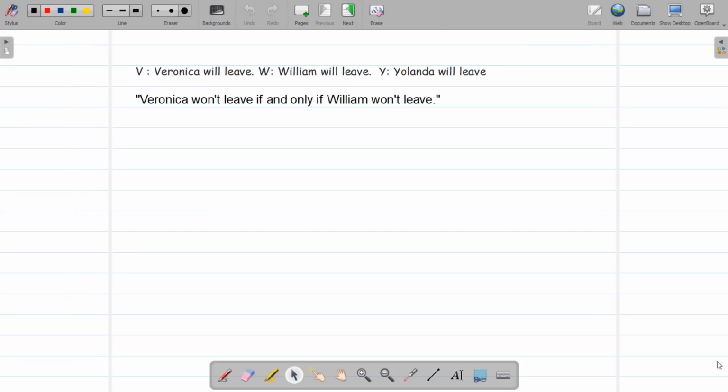So when you're doing symbolizations, the strategy is always to try to figure out what the major connective is, right? First, we're trying to break this sentence down into its biggest parts, and then we look at the smaller parts within that and try to break those down into parts, and so on. So this one should be fairly straightforward.